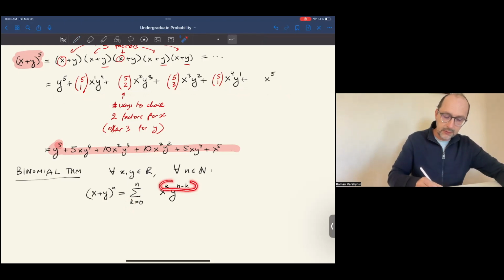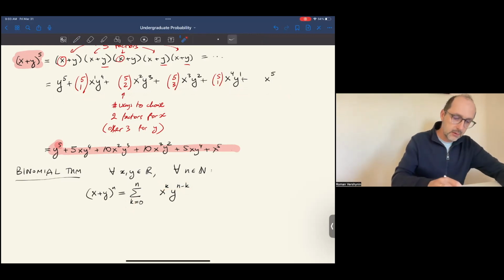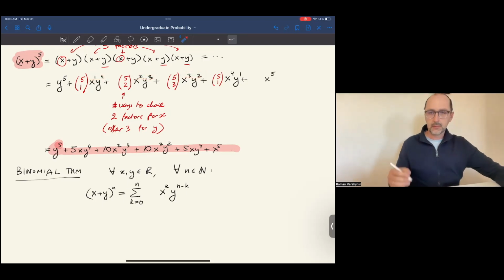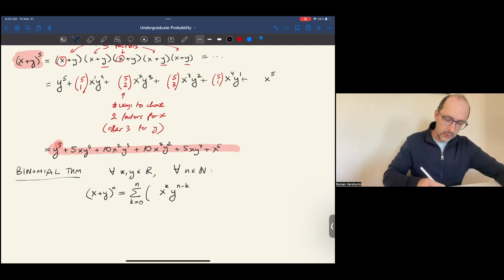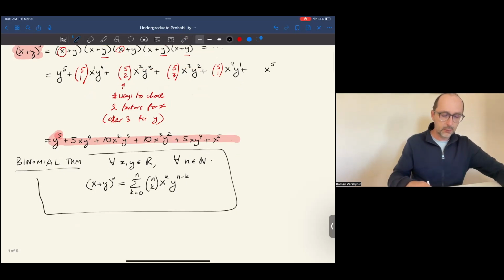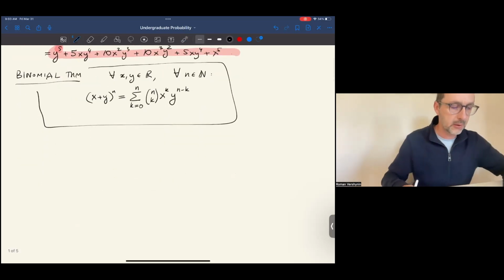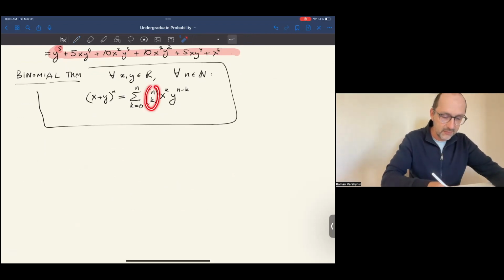That's because the sum of these powers must be n, just like the sum of these powers is always 5. It's the sum, and the coefficients, as we know, should be n choose k. That is the formula that's called the binomial formula or binomial theorem, and that's where the binomial coefficients got their name from.